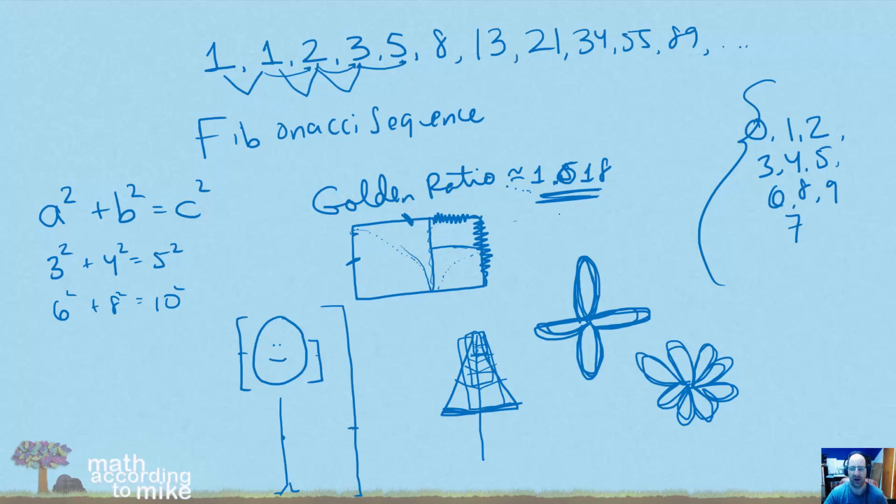So on and so forth. Even the way your bones, so this ratio here compared to this ratio here, I think that's another golden ratio going on there. So the way even that your fingers are formed can be approximated by the golden ratio. So really, really cool things. And then, well, nerdy cool, if anything.